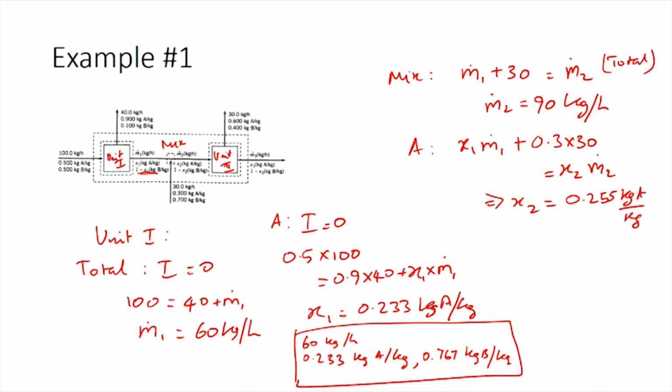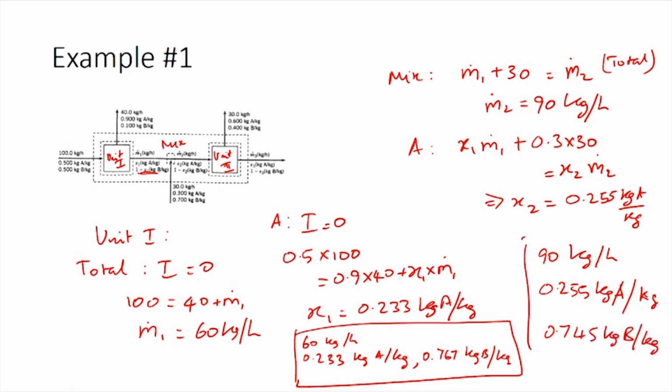So, this means the stream 2 basically is 90 kilograms per hour containing 0.255 kilograms of A per kilogram and the rest, which is 0.745 kilograms of B per kilogram.